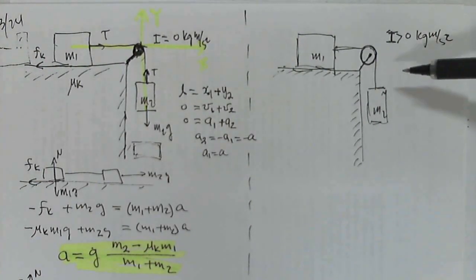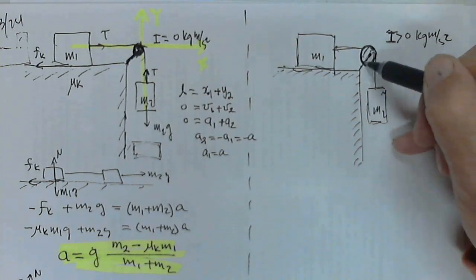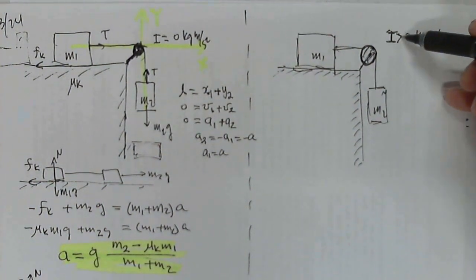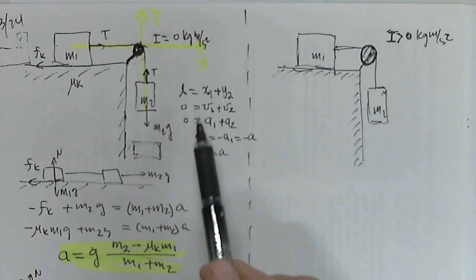Alright, so now in this problem over here, there is moment of inertia, so I draw a bigger pulley over here. So the moment of inertia is not 0. In this case, you have the same constraint over here.